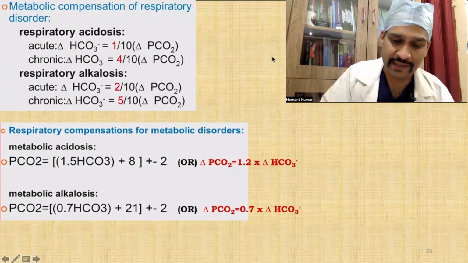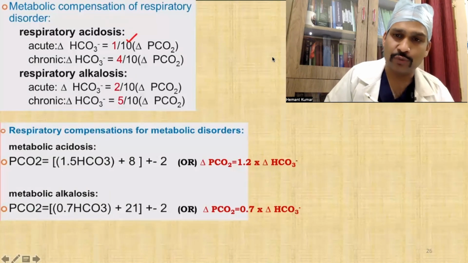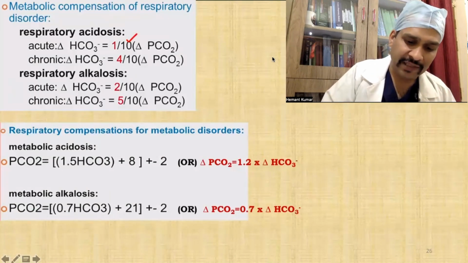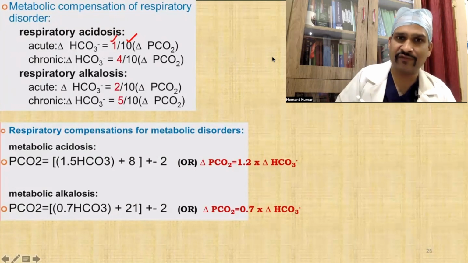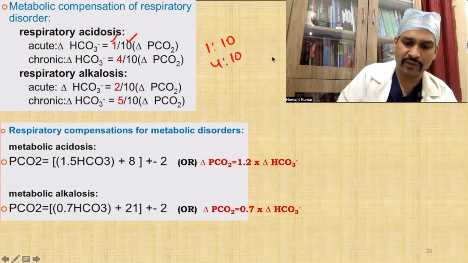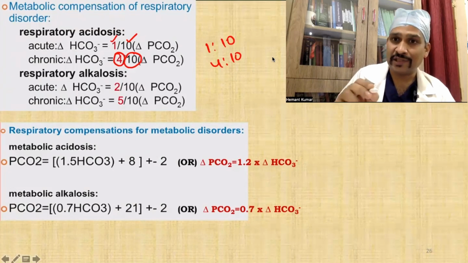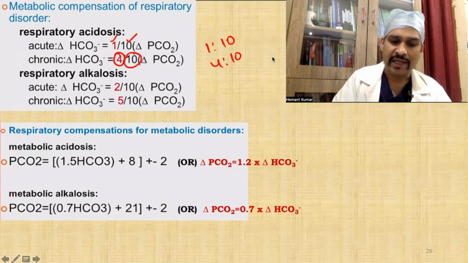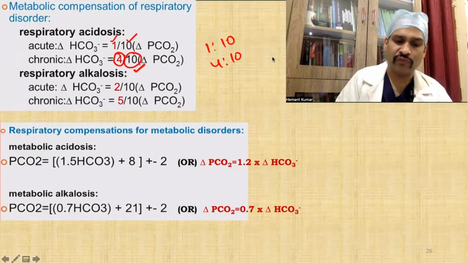Remember the formula: 1 is to 10, 4 is to 10. In acute respiratory acidosis, every 10 increase in PCO2 will increase bicarb by 1. In chronic, a 10 increase in PCO2 will increase bicarb by 4.